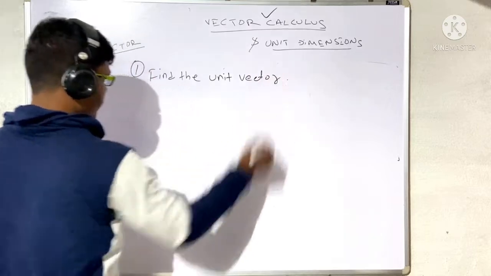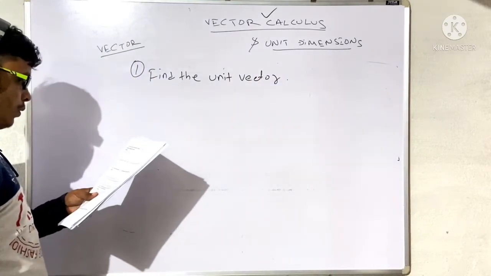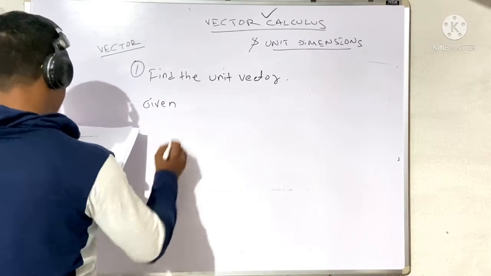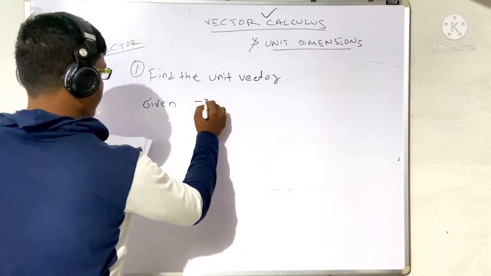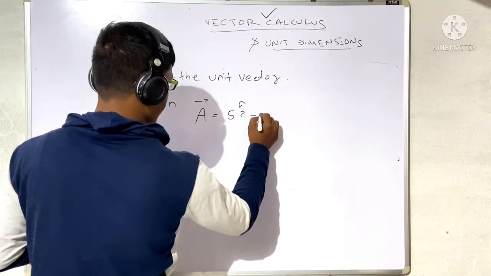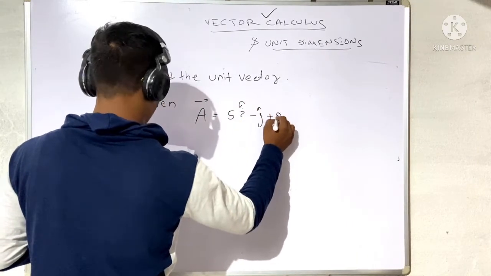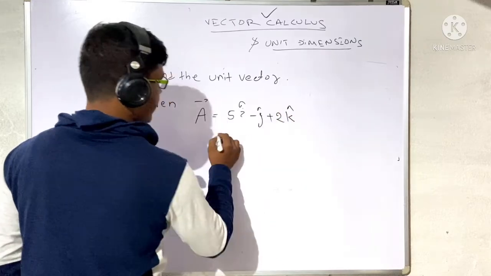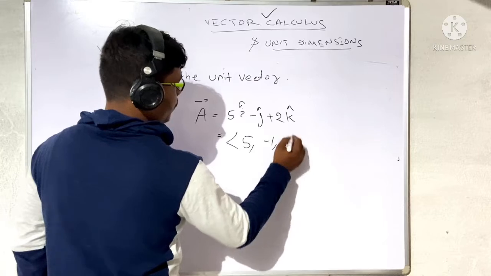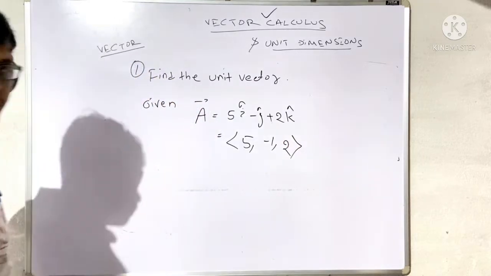Okay, find the unit vector. What is given? It is given a vector, which is 5 i cap minus j cap plus 2 k cap. So we can write it in bracket form: 5, minus 1, 2. So this is the bracket form. I told you already.